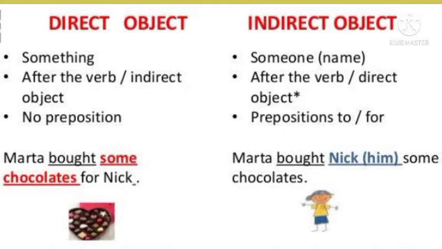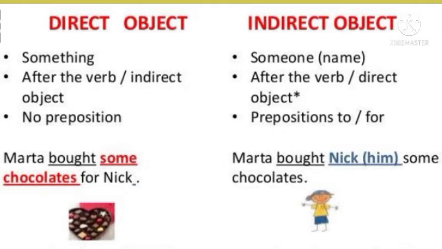So what is a direct object? A direct object tells about something. Listen to this point: a direct object always takes something.